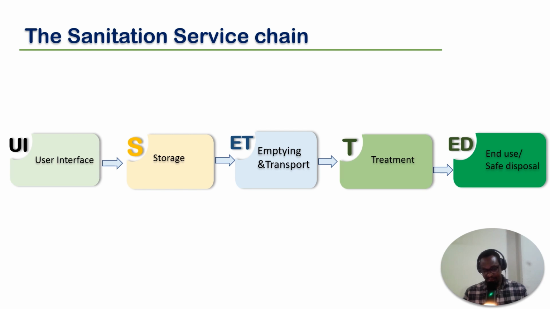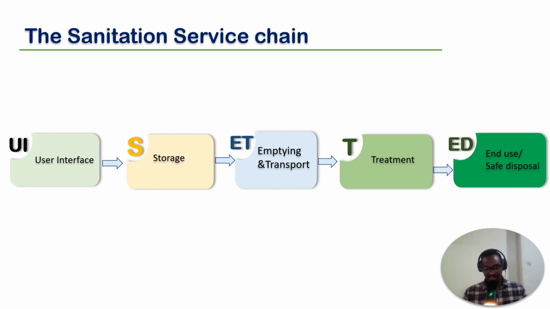Then lastly, the thing that we talk about closing the loop has got to do with end use. In some cases, disposal is the ultimate end point, but that is largely discouraged. So the focus is more on resource recovery, where this product at the end of the service chain is fed into another area.